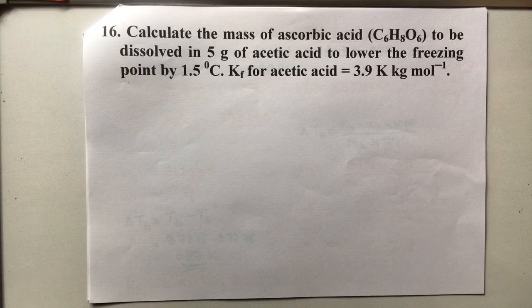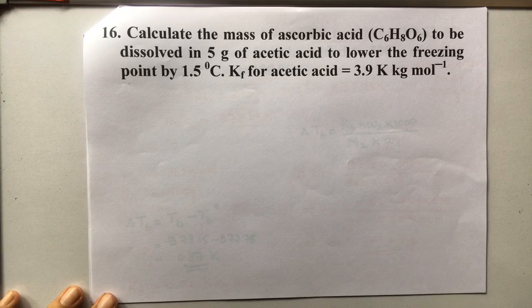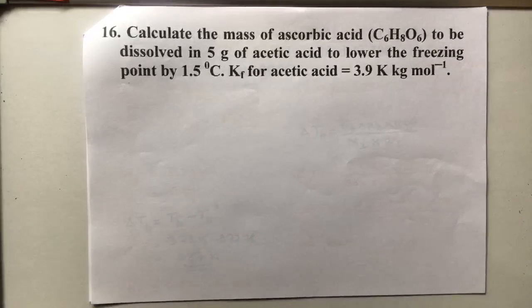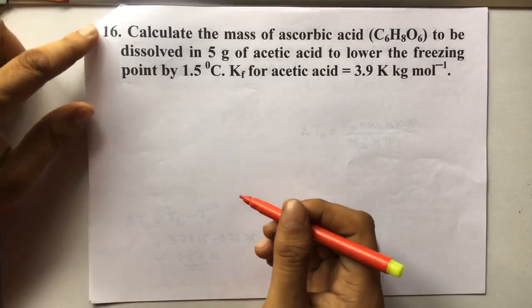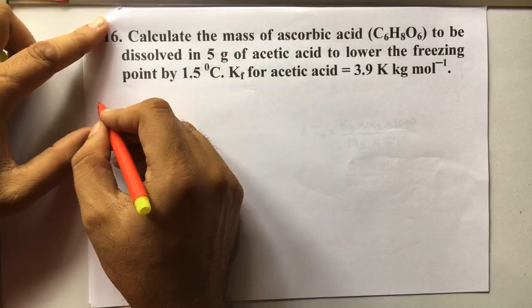Read the question, students. Calculate the mass of ascorbic acid, formula C6H8O6, to be dissolved in 5 grams of acetic acid to lower the freezing point by 1.5 degrees Celsius. Now, Kf for acetic acid is given. Calculate the mass of ascorbic acid, that is the solute.